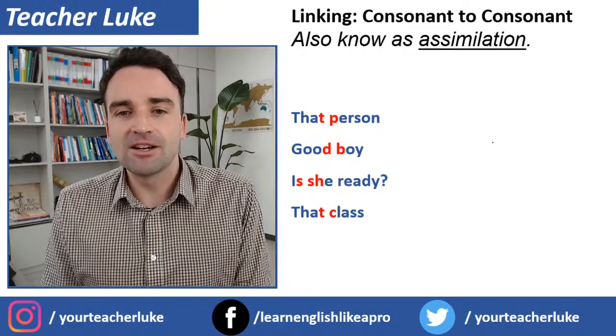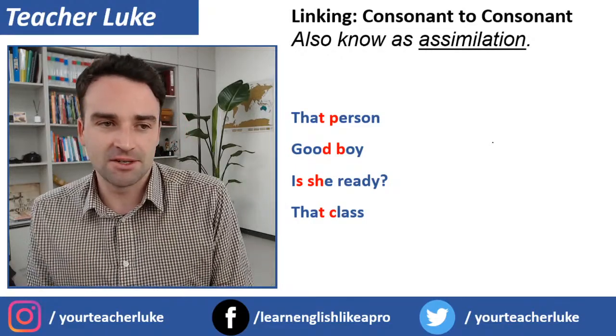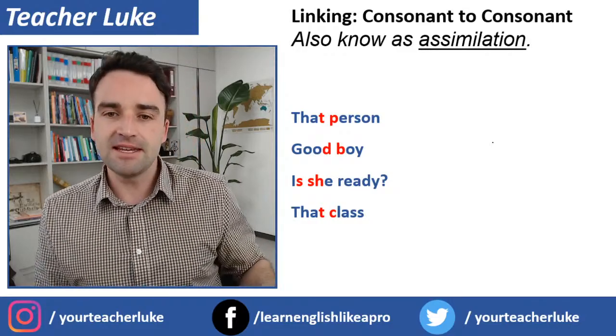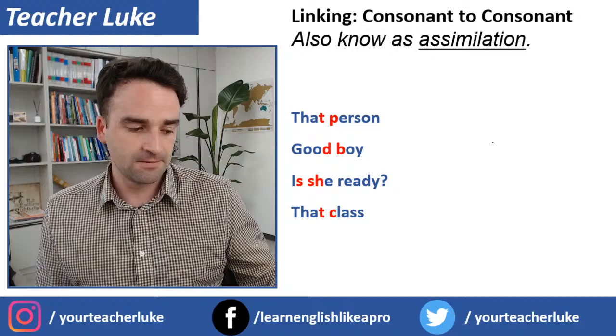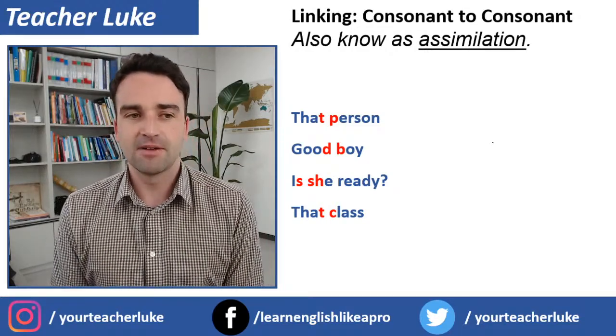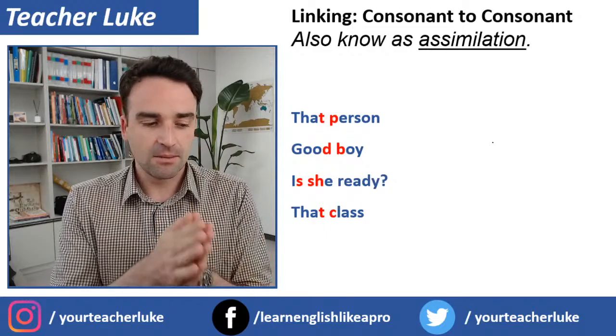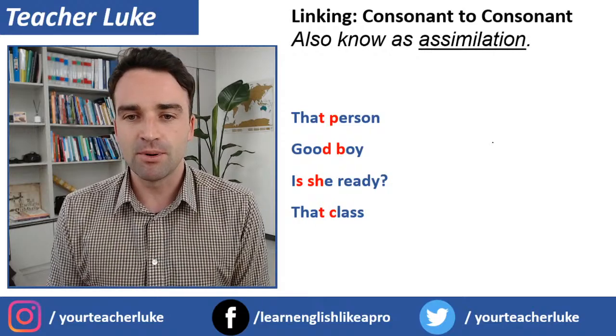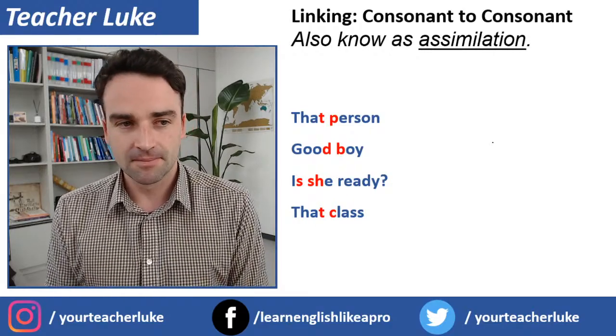So, linking consonant to consonant, also known as assimilation. Listen to how I say these word combinations, and listen if you can hear any assimilation. So we have individually, that person, but we don't speak like that. Instead, we'll say that person, that person.